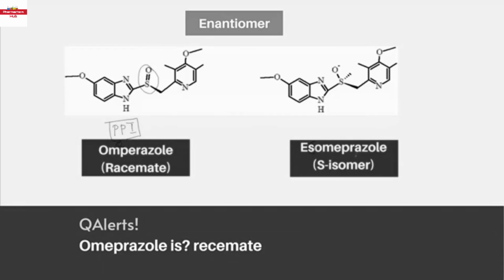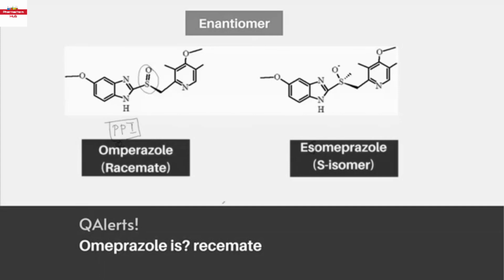However, initially, when S-omeprazole came on the market, the manufacturer thought that it would have less drug interaction, but later found that it also has drug interactions. Sometimes a pure isomer may have less drug interaction than the original racemic mixture. So what is the exam tip here?